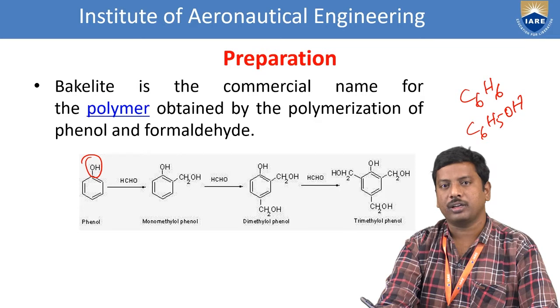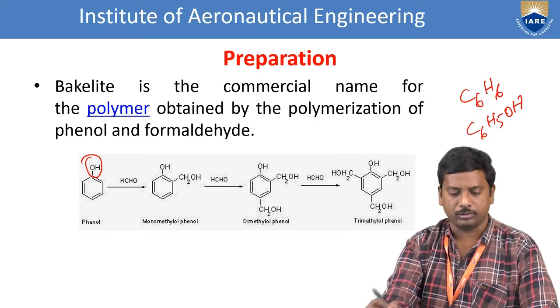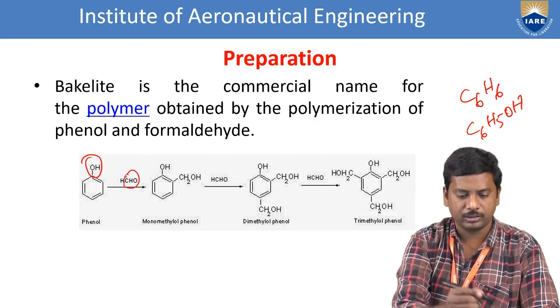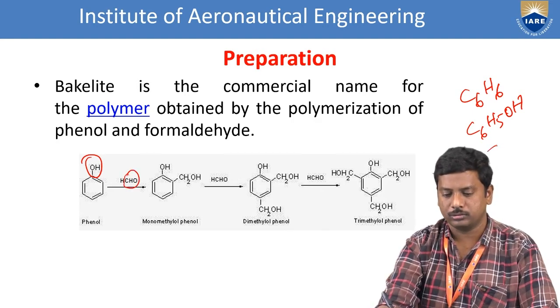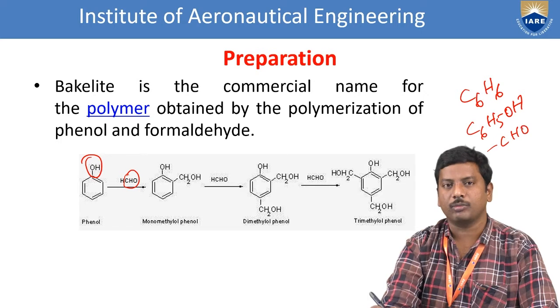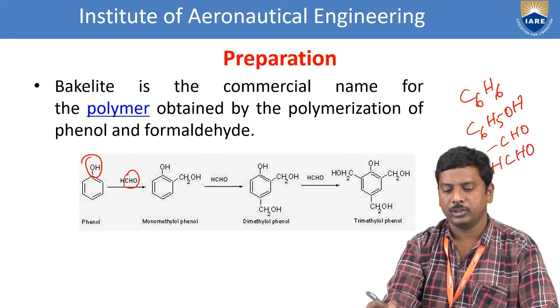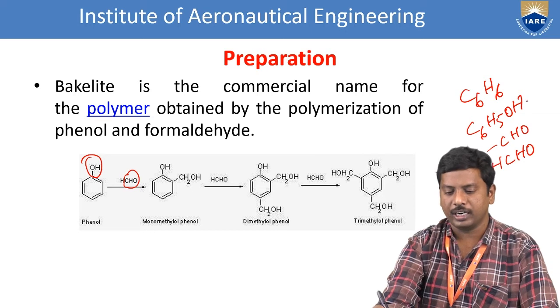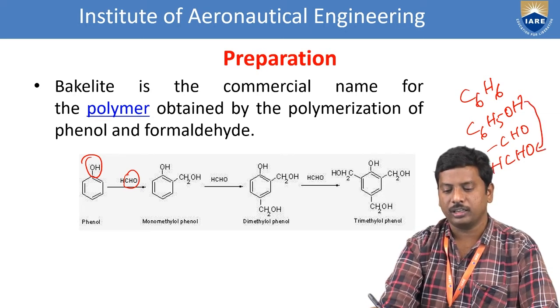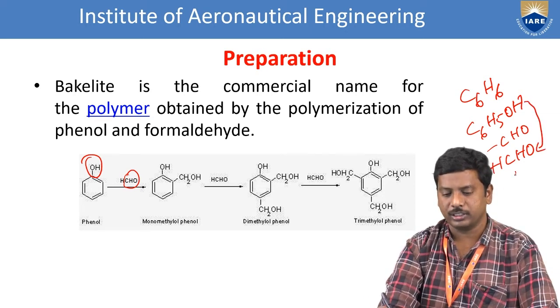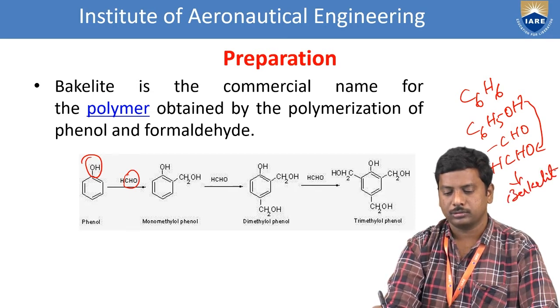And what is the formula for formaldehyde? Formaldehyde comes from the aldehydic group, so the formula is CHO, which is the aldehydic functional group. When hydrogen is added to this aldehydic group, it is called formaldehyde. So when phenol reacts with formaldehyde, it gives bakelite.